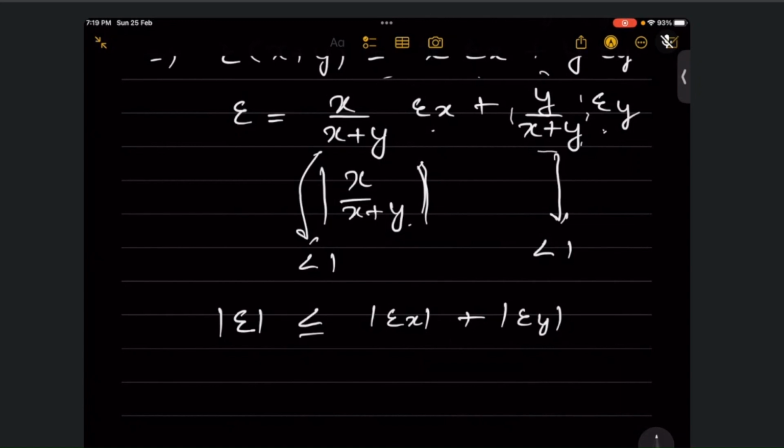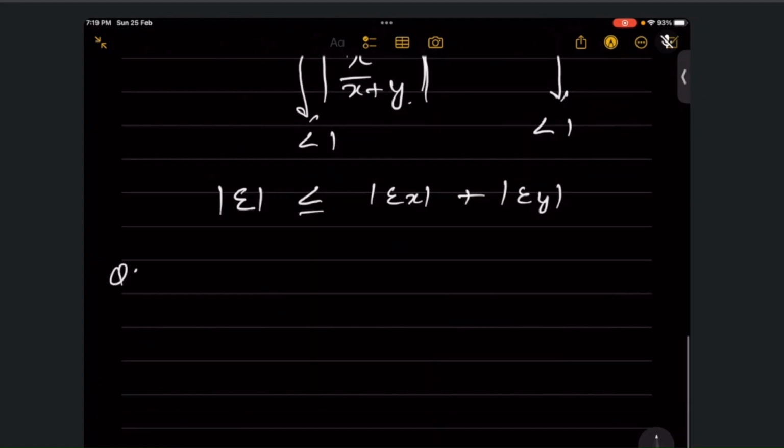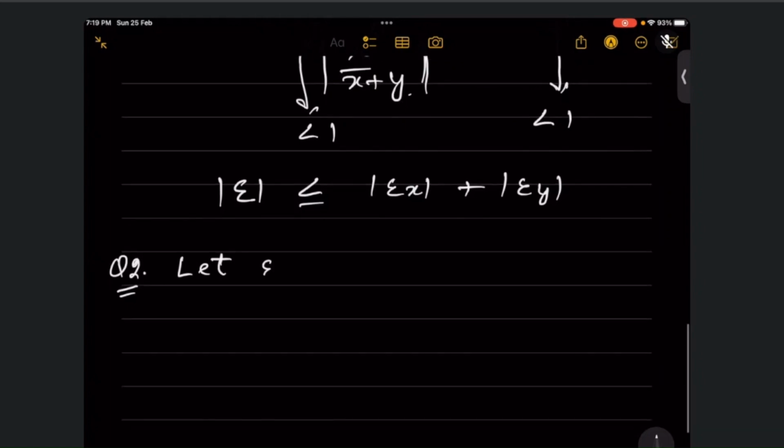Moving on to the next question. Should I move ahead? Okay, if you have copied this. Now let ex, ey and e, again the same values, denote the relative errors in the computation of x and y.